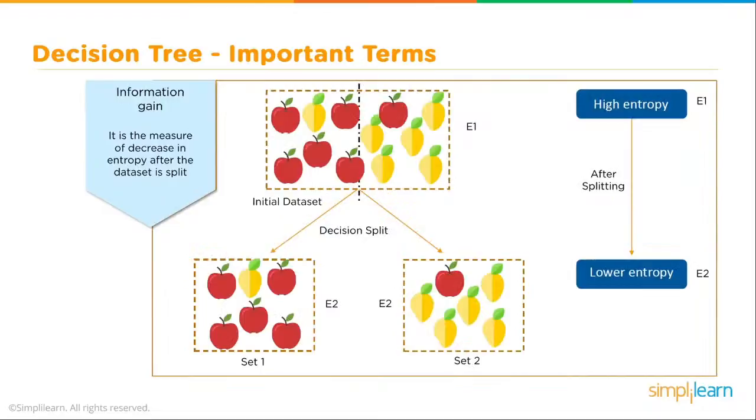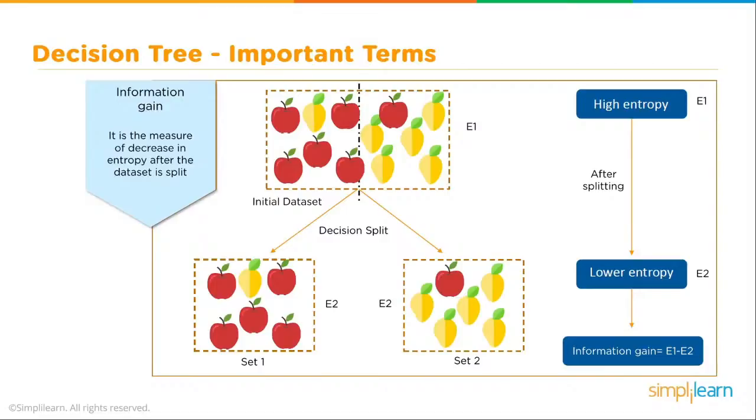What that means here is that we've gone from one set, which has a very high entropy, to two sets of lower entropy. We've added in the values of E1 for the first one and E2 for the second, which are much lower. And so the information gain is increased greatly in this example. You can find that the information gain simply equals E1 minus E2.